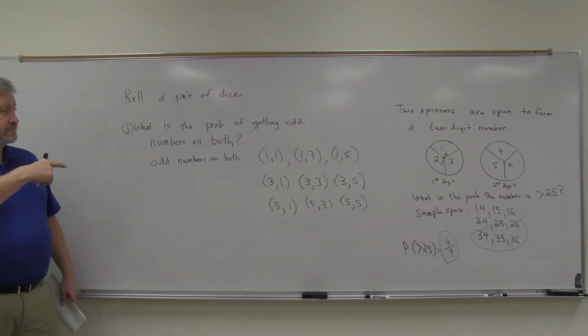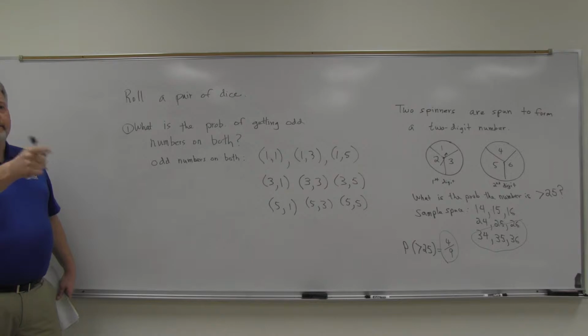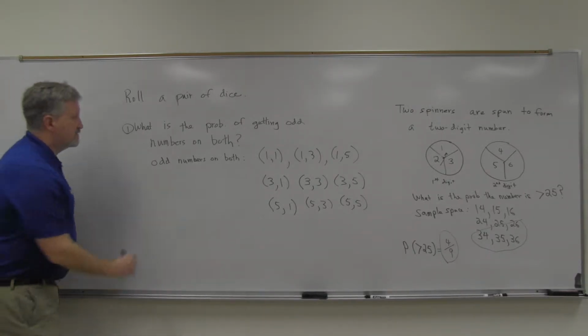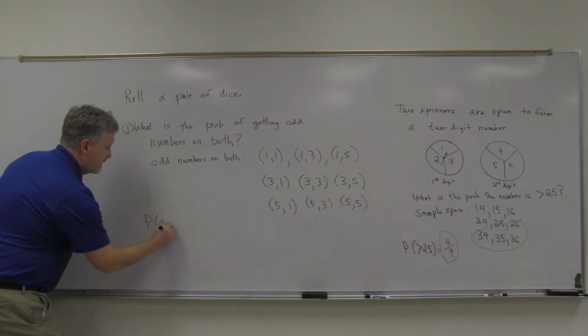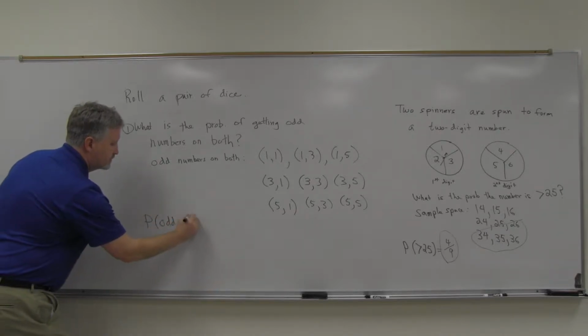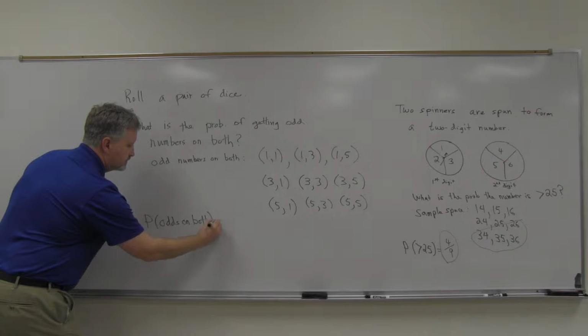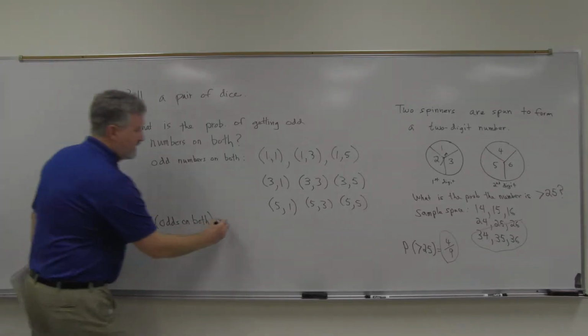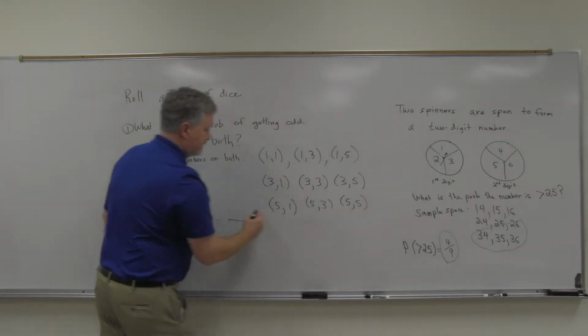Samantha, you good with that? Isaac, you good with that? Good. All right, so now, what is the probability of odds on both? Well, we've got a total of 9 here.